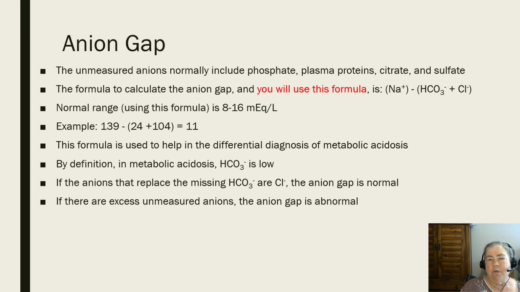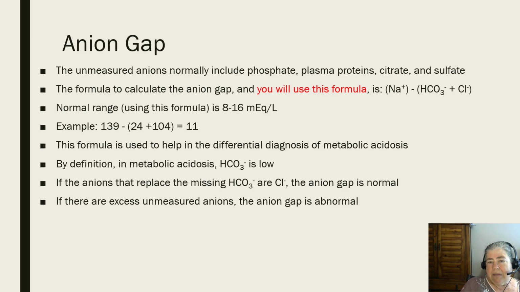We use a formula that ignores potassium. So the formula for computing the anion gap is sodium minus the sum of bicarb and chloride. And the normal range, a normal anion gap, is 8 to 16 milliequivalents per liter.